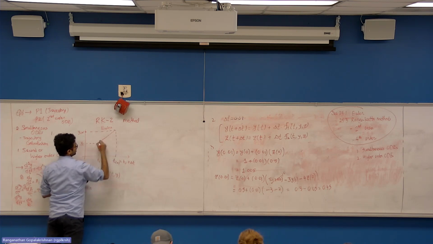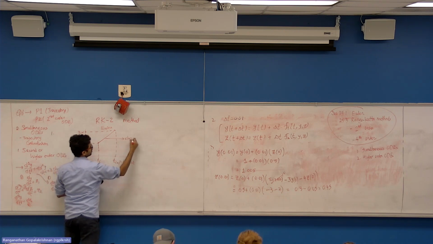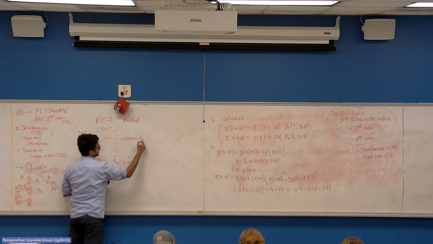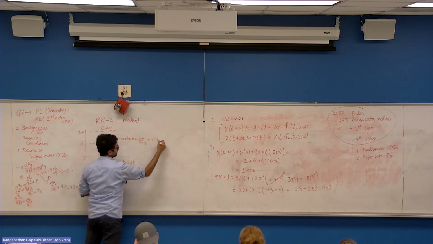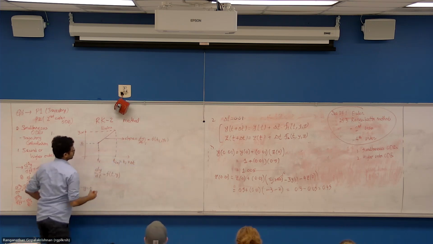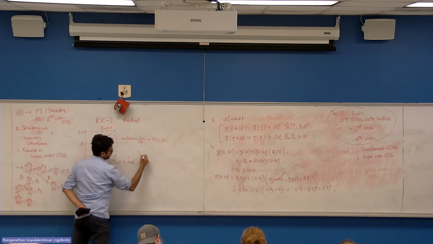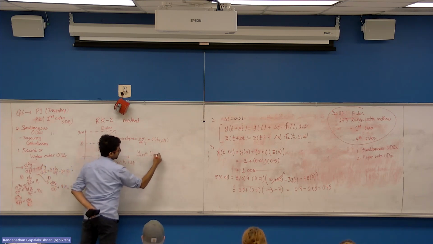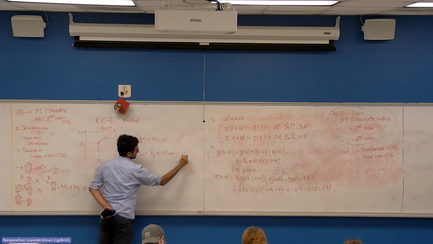We write that this is a constant slope equal to dy over dt at i, which is equal to f of ti comma yi. So we write yi plus 1 equal to yi plus slope times delta t.